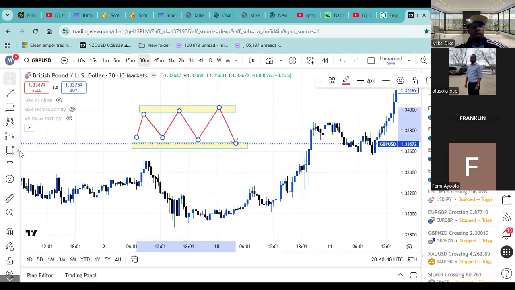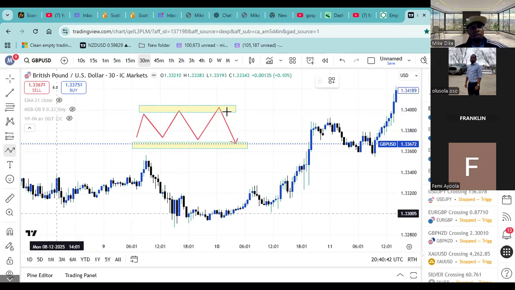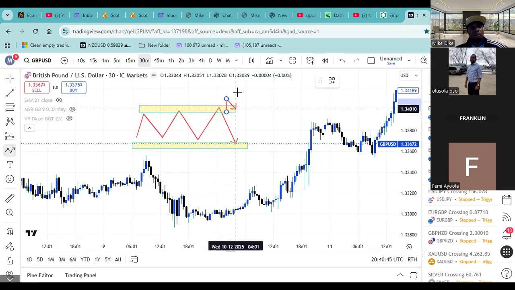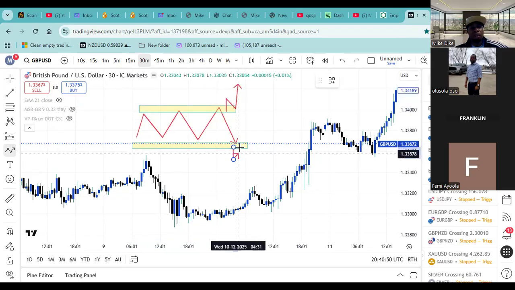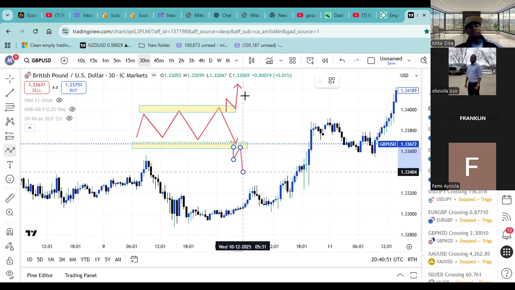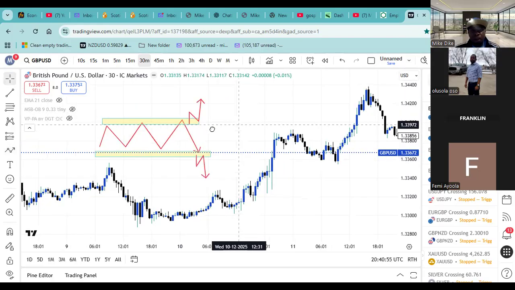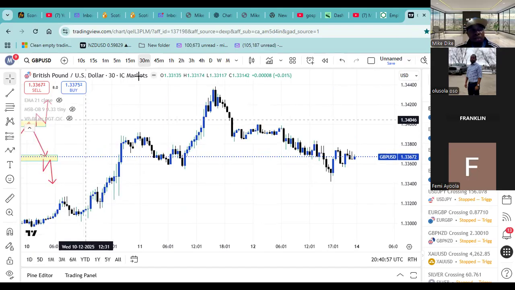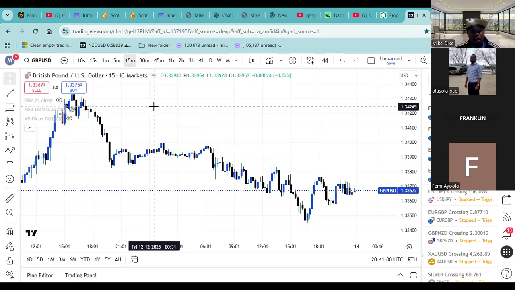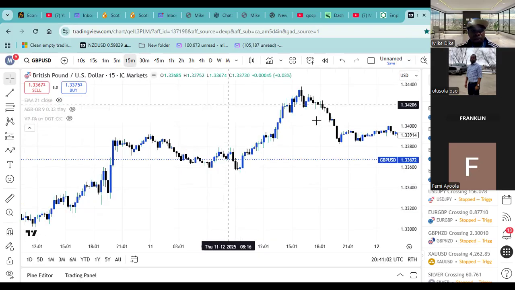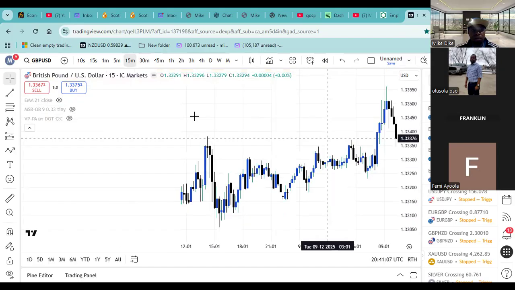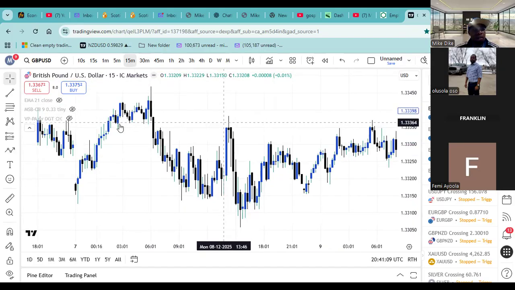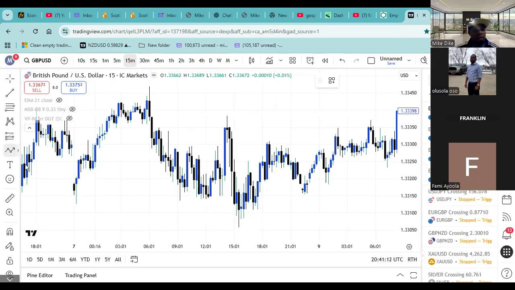All I will do on this lower time frame is wait for it to break above, retest, and I will buy, or break below, retest, and I will sell. I'm trying to see if I can find a real life example on the lower time frame, so let's see if this one works.